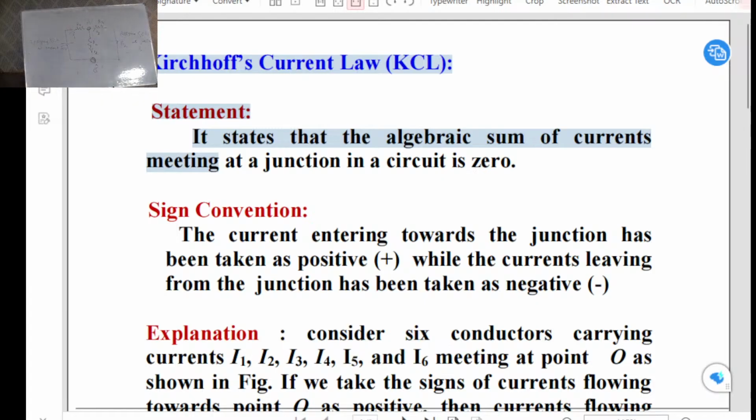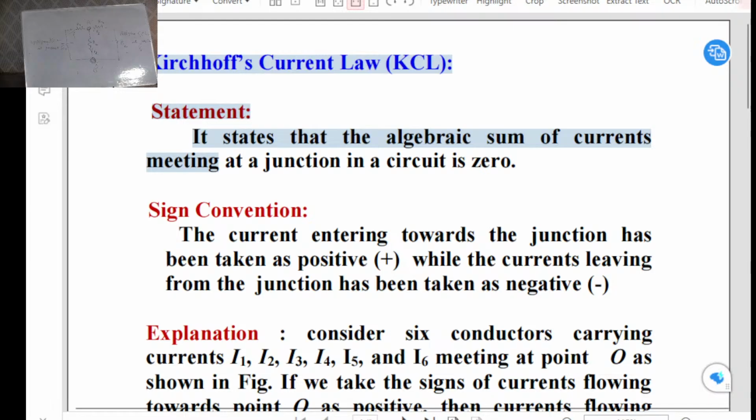You can draw this diagram for this room also. If you get 5 junctions for this room, you have to apply 5 KCLs, and if the condition is satisfied, then it is a valid circuit diagram. Otherwise it is an invalid circuit diagram, where current does not flow properly and something will happen.